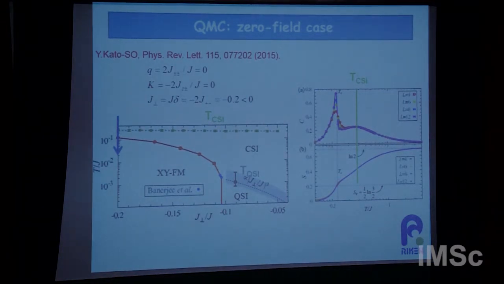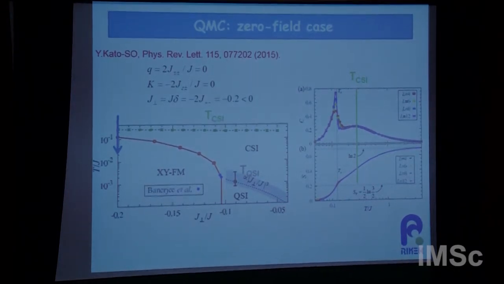There was already a previous calculation by Banerjee et al., given by these two points, and they already claimed that there is a phase transition to this ordered phase. This is a trivial case where we have a long-range order, which can also be detected by seeing the growth of the specific heat peak on increasing L.